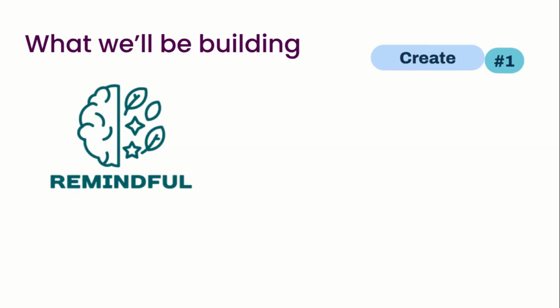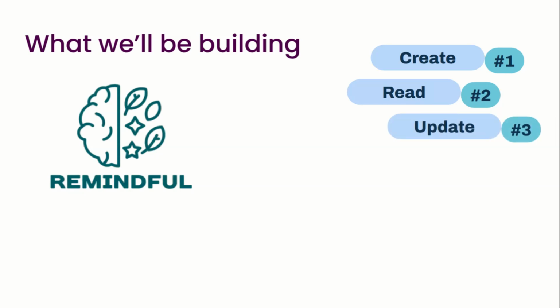We can create reminders. We can read all the reminders that we have created. We can update a particular reminder. Supposedly I want to update the time of a reminder. I don't want this reminder to go off at 5 o'clock, I want it to go off at 6, right?